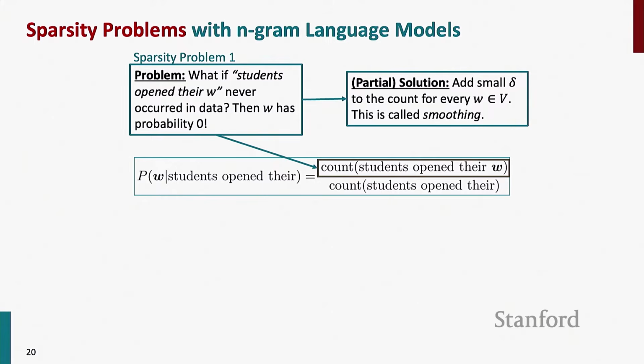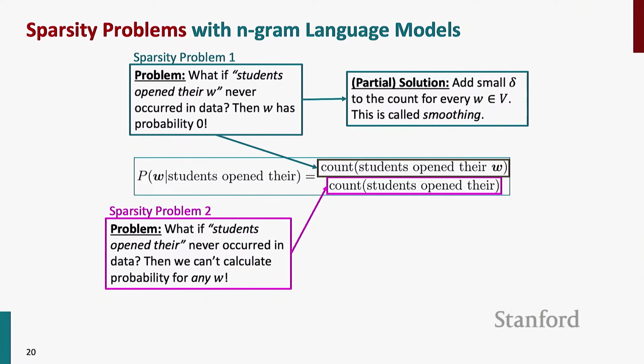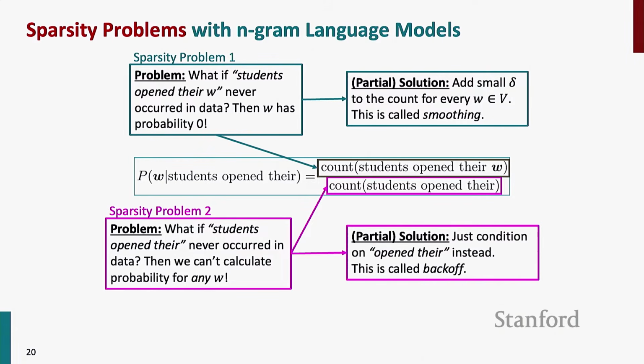Everything is possible. You could think then there's a second problem: wait, you might never have seen students open there before, and so that means your denominator is just undefined and you don't have any counts in the numerator either. So you sort of need to do something different there. The standard trick that was used then was that you did backoff.